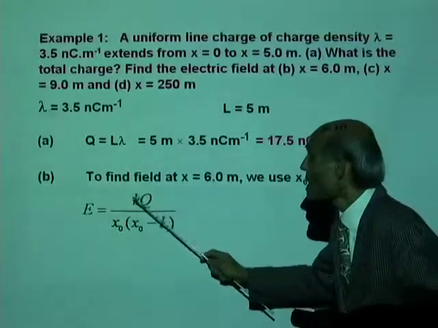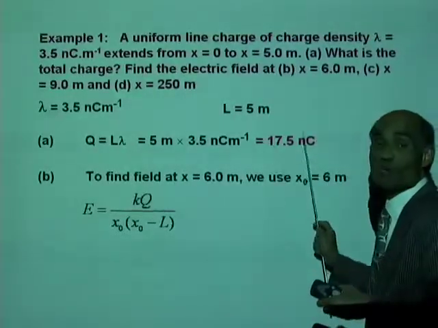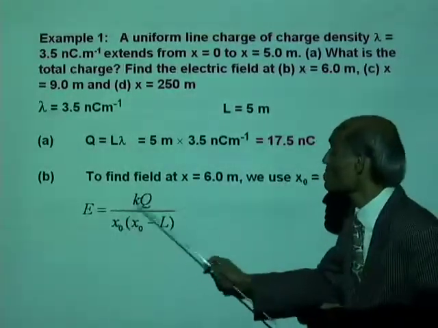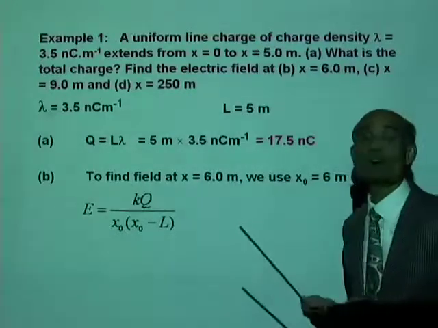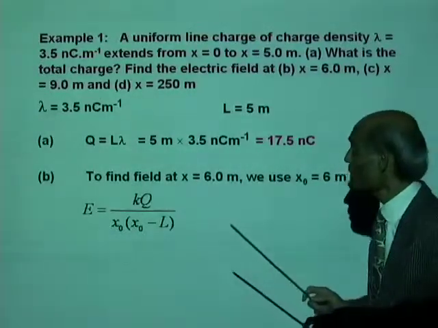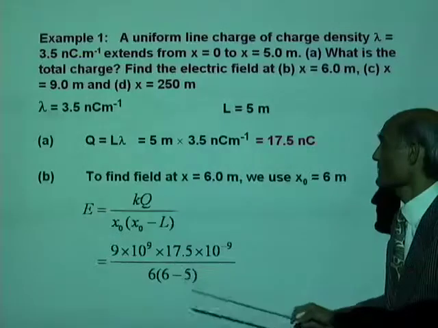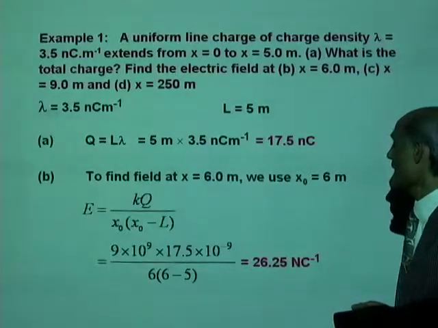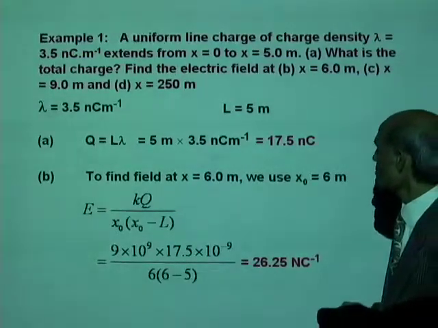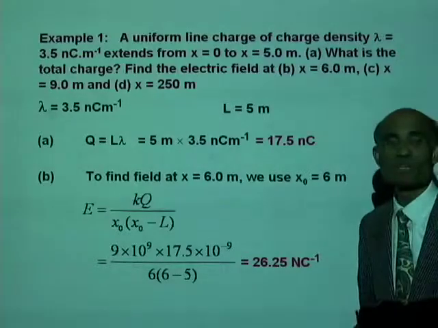We know k, we know q, the amount of charge on it, we know our x0, we know our L. Replace all those values. That will give you the field as 26.25 Newton per Coulomb.